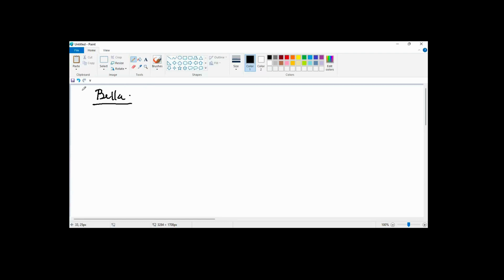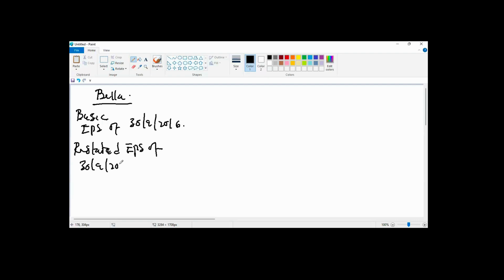The loan, let's put the requirement first. Basic EPS of 30th September 2016, and then the restated EPS of 30th September 2015.